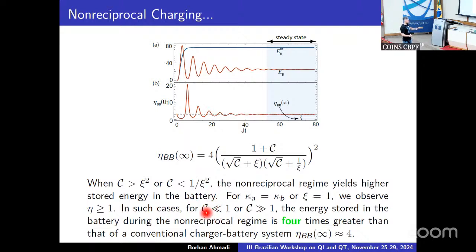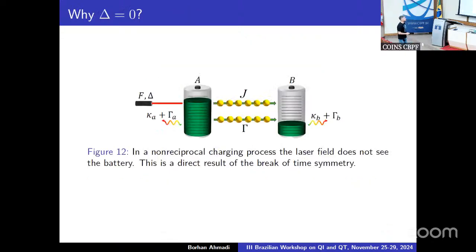In the weak coupling regime, where the coherent interaction is much bigger than kappa A and kappa B, cooperativity is always bigger than 1. So in the weak coupling regime, using the non-reciprocal condition, we get an efficiency 4 times bigger than the conventional charging process. Now I'm telling you why I first talked about zero detuning.